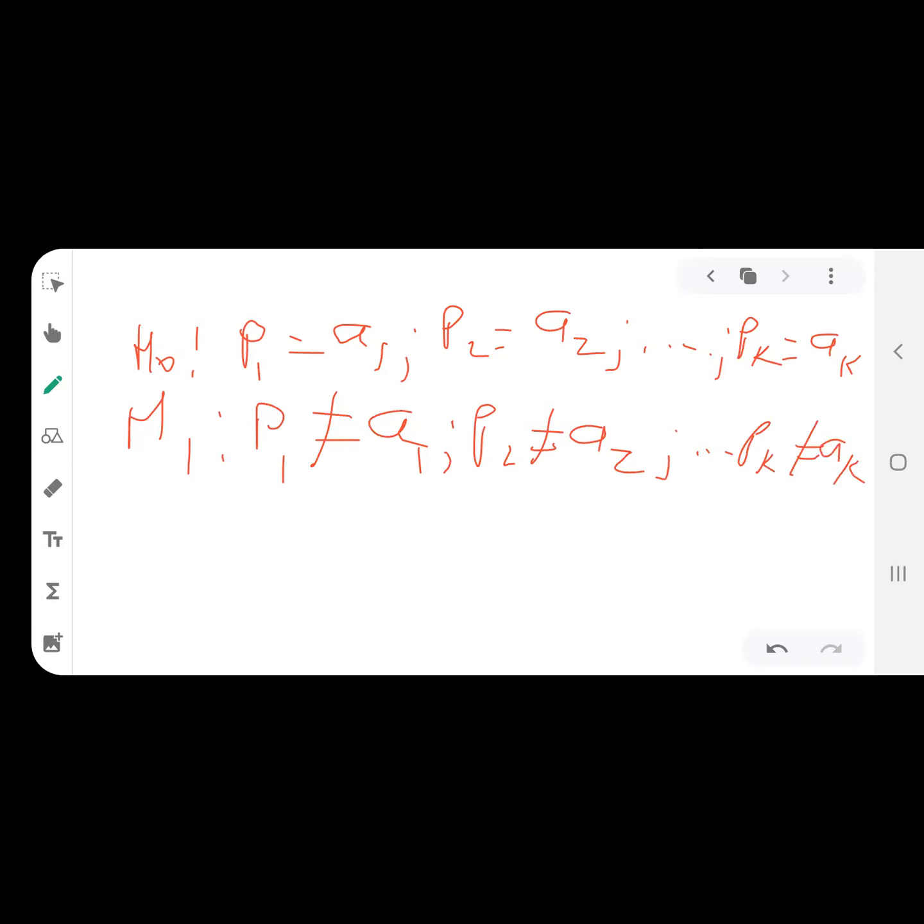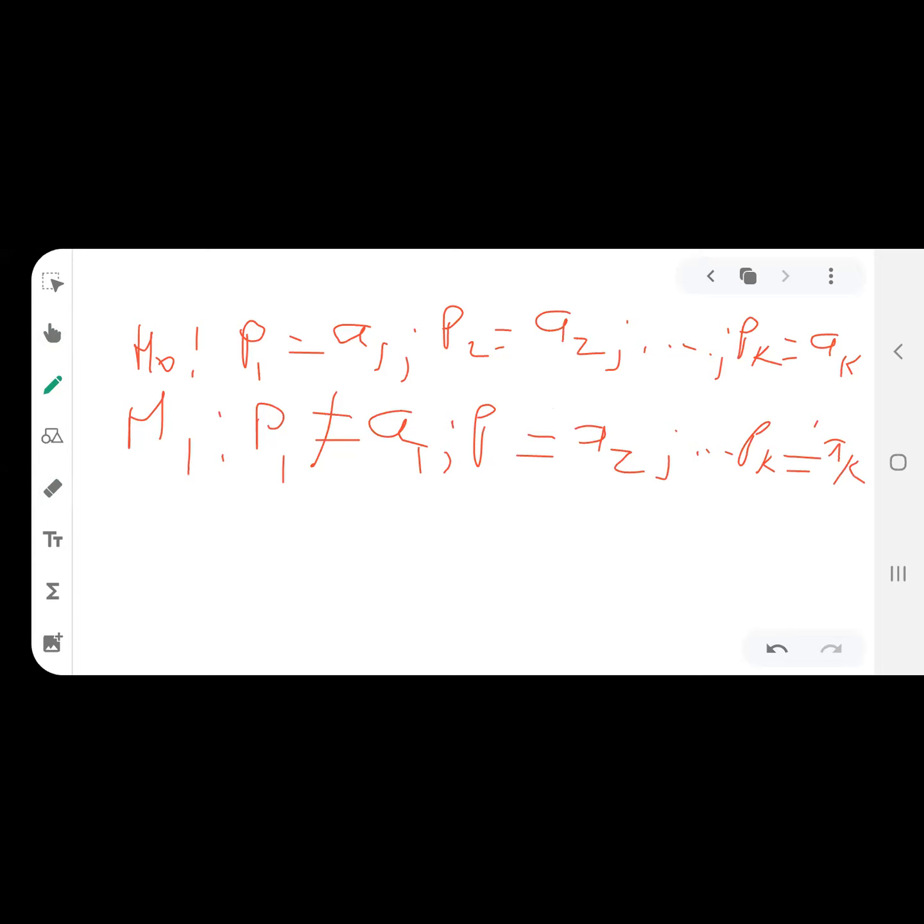So sometimes in this alternative, you may find out that one of them, of course P1, is the one that is not equal to its A1, but the others are equal to their specified values. But I don't want to confuse you here.